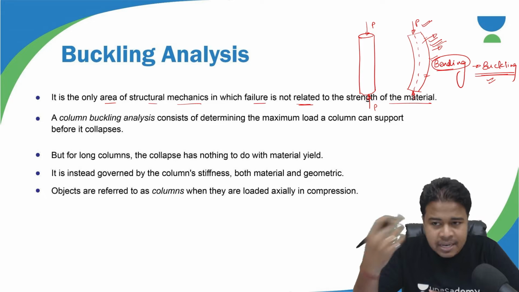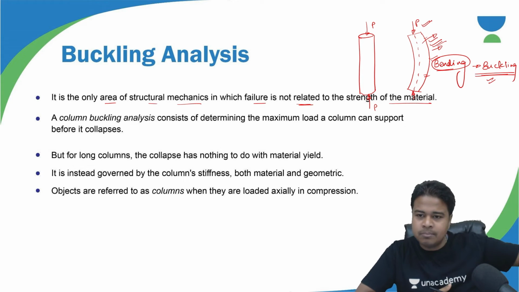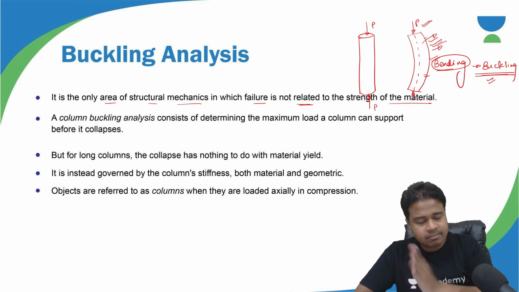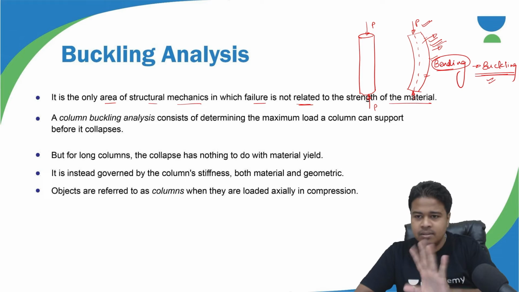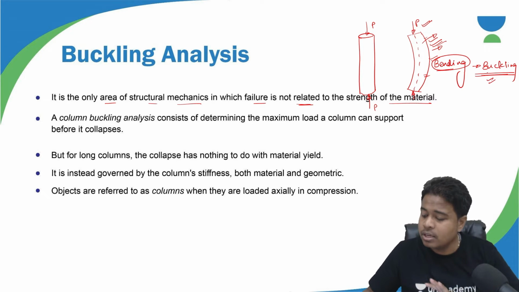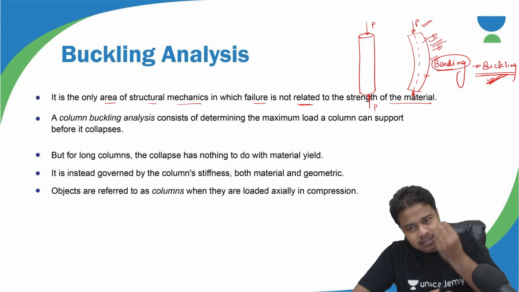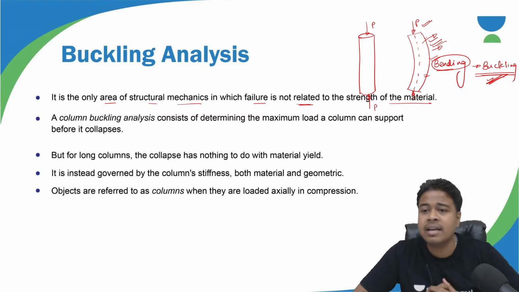Even if it is bending due to the extra load which comes to the column and it starts buckling, that is not acceptable. The column must not bend, or you can say must not buckle. Even if it starts buckling slightly also, that is not acceptable.